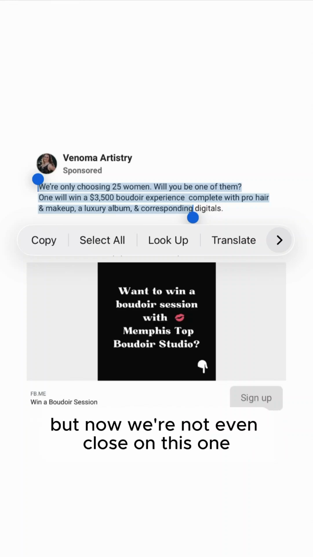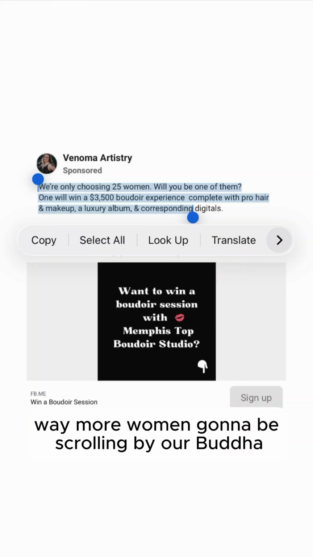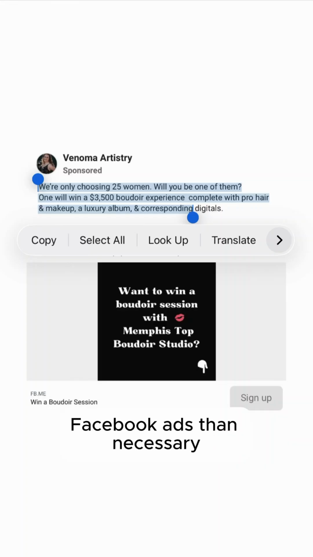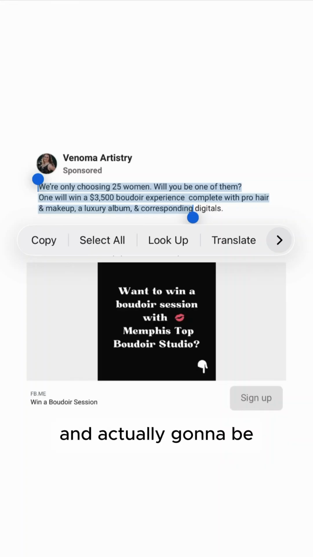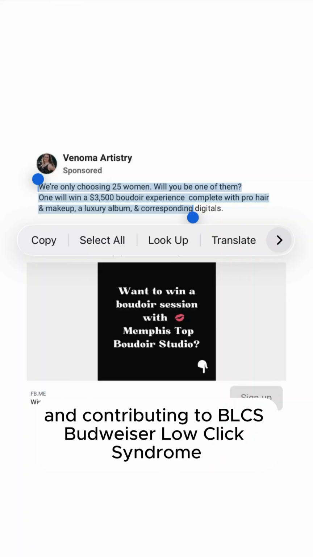But now we're not even close on this one. So the consequence is way more women scrolling by our Boudoir Facebook ads than necessary, basically pulling down our unique CTRL under 6% and contributing to BLCS, Boudoir low click syndrome.